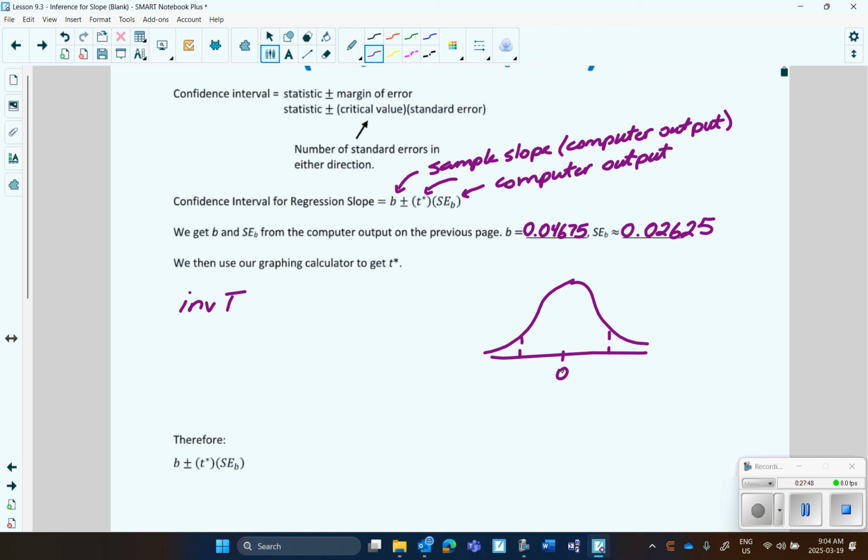This is 1 standard error, 2 standard errors, whatever. So this is 95% here. We have to find this value. It's going to be negative, so we change it to positive.